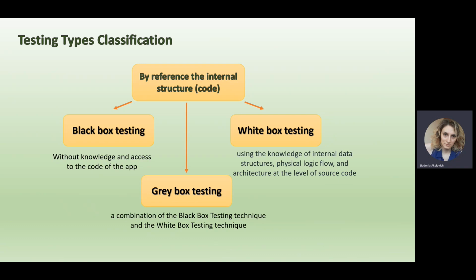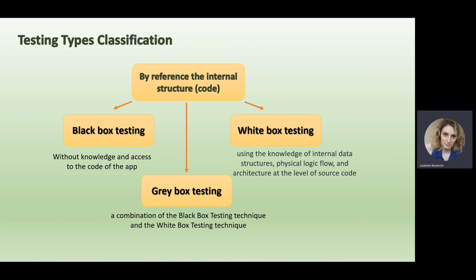One more classification is by access to the internal structure, by access to the code, and not only access but actually understanding of the code. And we've got three testing types here: black box testing, white box testing, and gray box testing. Black box testing is a way of software testing in which the internal structure of the program or the code is hidden.